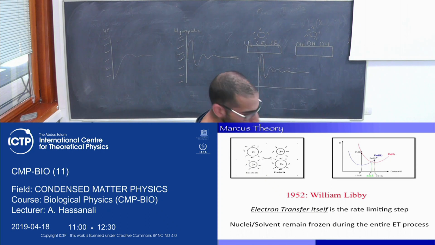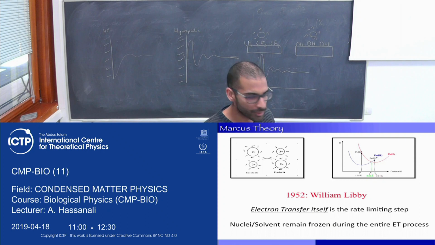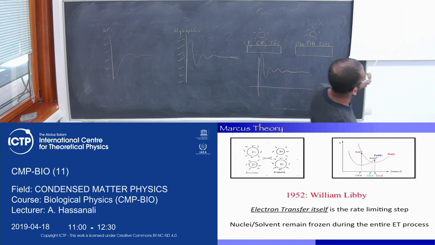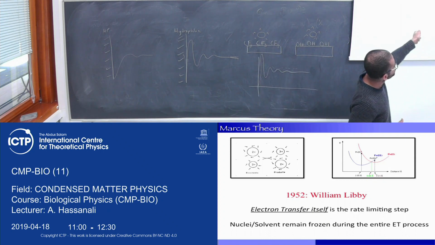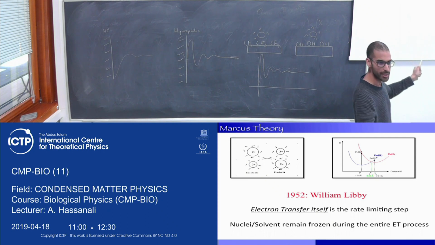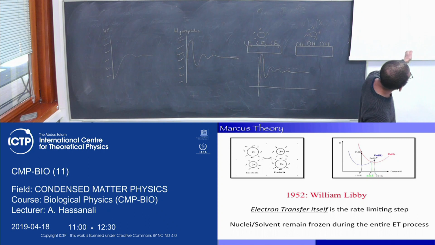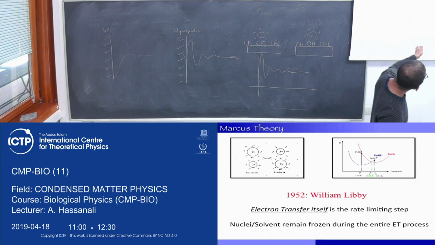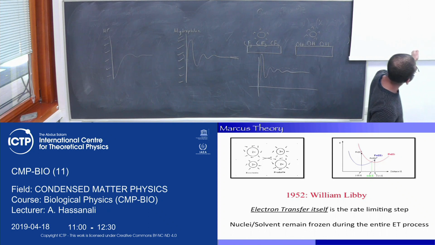Okay, so those are two assumptions that he made. Now, these assumptions are wrong, and they're wrong for the following reason. These are just two cartoon pictures of a potential energy surface for Fe3 and Fe2.